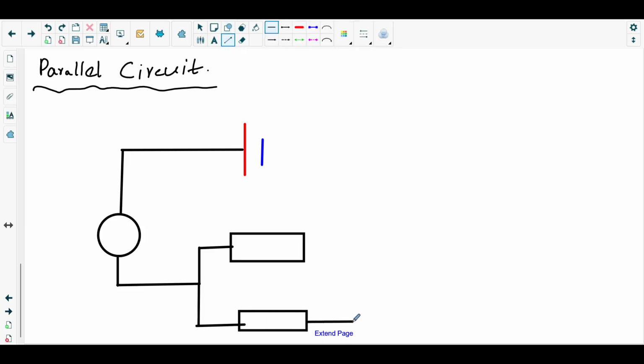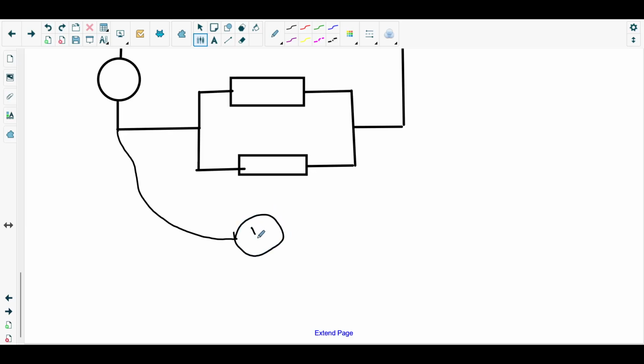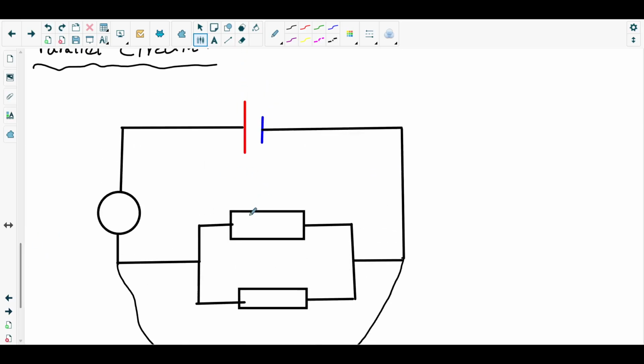Just connect the terminals, that's it. I'll connect the voltmeter here, all the way to here, V. So this is R1, this is R2, and this is the emitter.